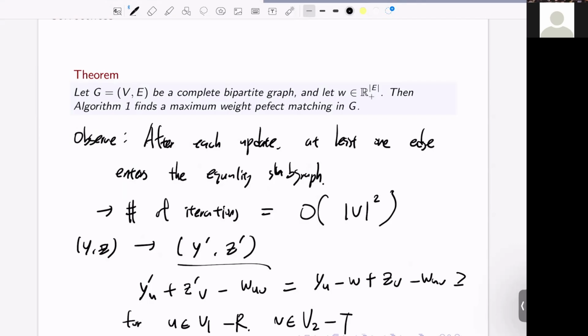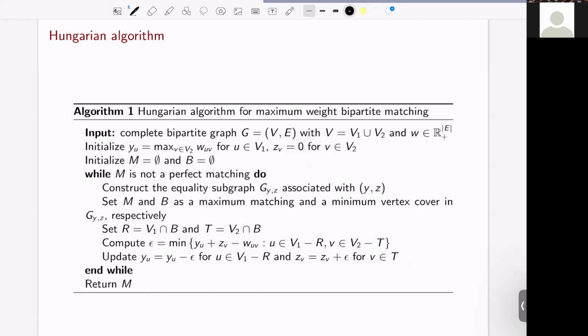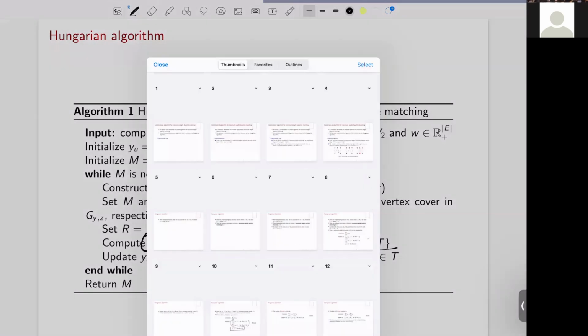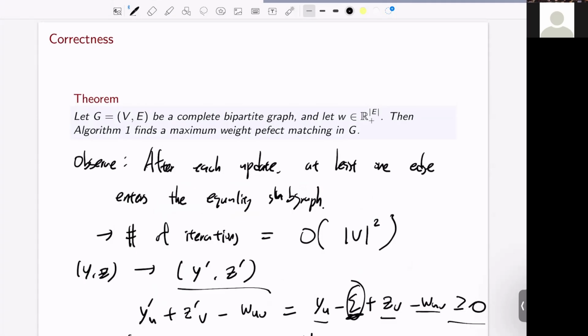And this thing has to be non-negative because, epsilon, if you go back to the algorithm, epsilon was chosen to be the minimum gap for vertices in V1 minus R and V2 minus T. So this value has to be non-negative.